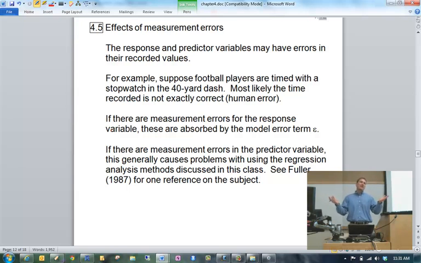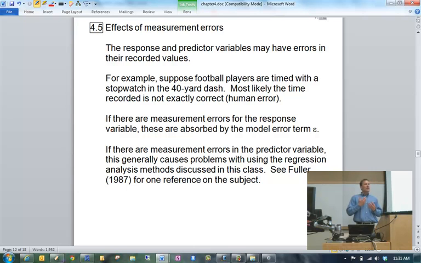A classic case that's often talked about is, let's say that you are timing the 40-yard dash times for football players, and you're doing it with a handheld stopwatch. Well, that's not going to be as precise as if it was electronically timed.